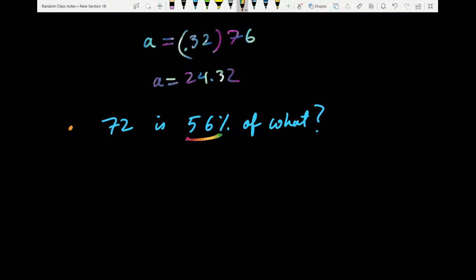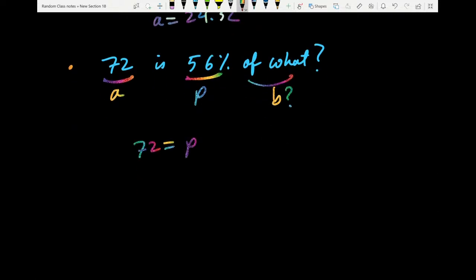We've got our percent, P. 72 is the A. So even without understanding the problem, you have two variables given, one is unknown, and what's the only one missing? B. So therefore 72 equals P times B.